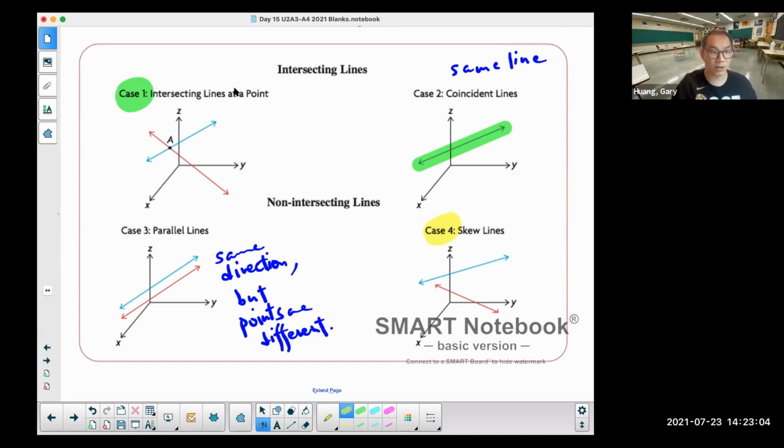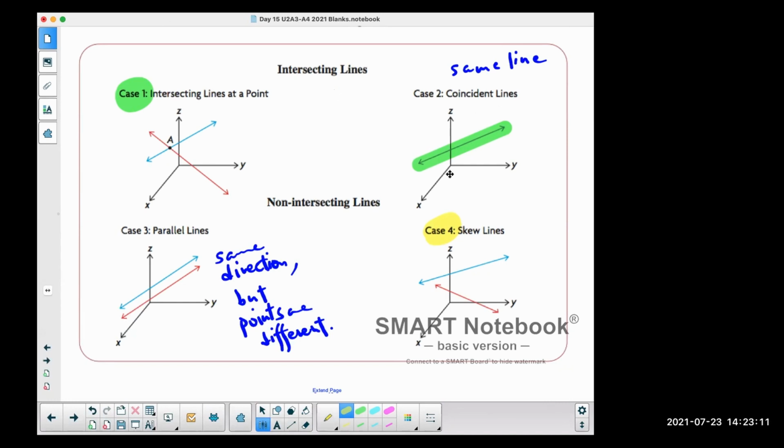And this is what we talk about in 3D, that there's an extra scenario. In addition to the 2 lines being the same, or parallel and not touching, you can have intersecting lines, even though their directions are different.